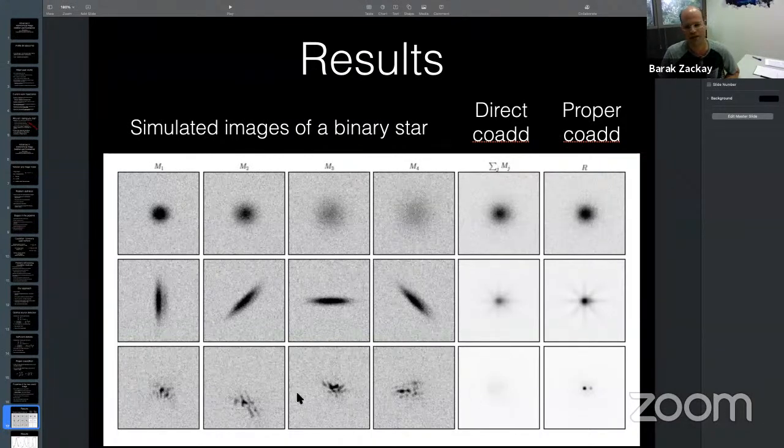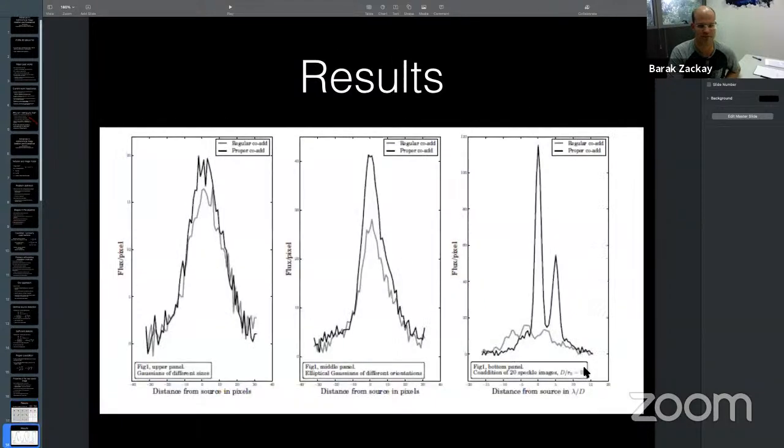So here there was a small companion, and you could just see it. From this part of this project, we spawned the high contrast imaging project, which is out of topic for today, but I will be really happy to tell anyone interested.